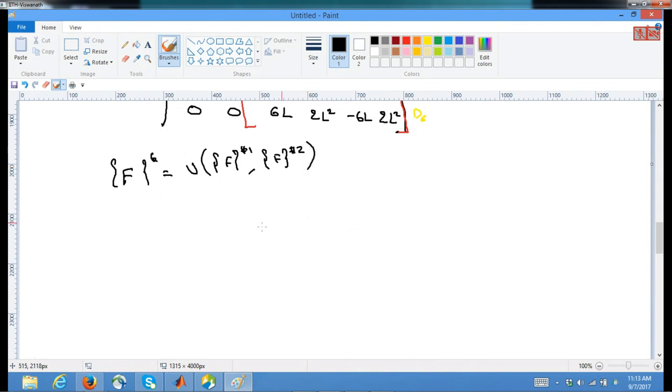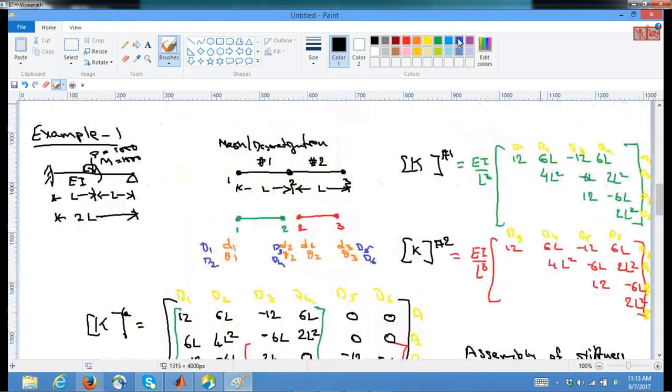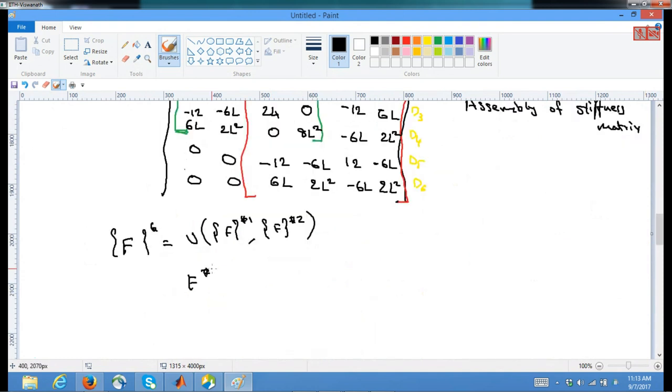For element 1, we put the loads here and a moment which is 1000 each. Accordingly f1 happened to be 0, 0, minus 1000, a vertical load acting downward, and a moment which is a sagging moment, so it is positive.